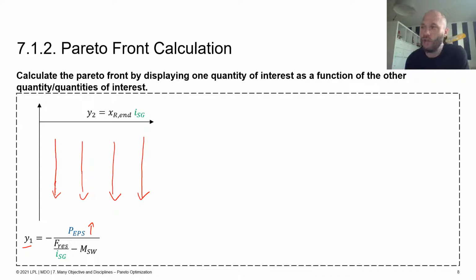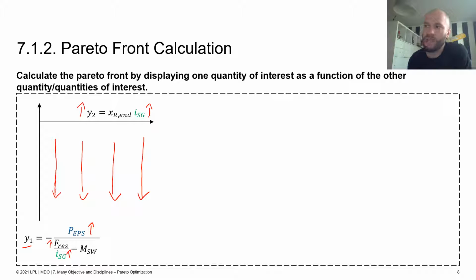For the gear ratio, it's a bit more complicated. If we increase the gear ratio, we also increase the minimum steering wheel angle at the end stop. For the gear ratio with respect to y1, it's a bit more complicated, but in the end, if we increase the gear ratio, we first decrease this whole term, but we have this minus sign here, so that's why we decrease y1.